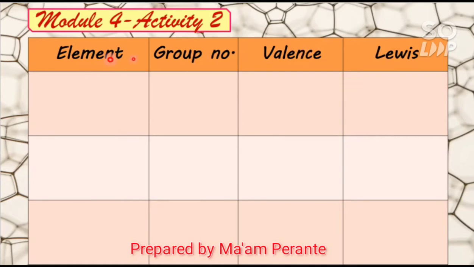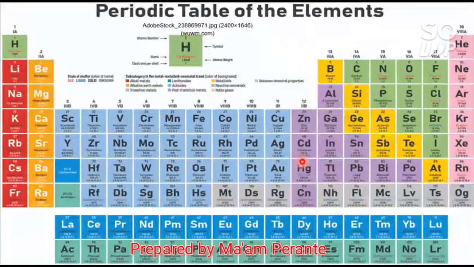These are the things that you are going to supply to answer this activity 2. So for example, I have here fluorine as an element. What do you think is the group number of fluorine, its valence, and its Lewis symbol? What are you going to do to answer this? Of course, your periodic table will help you to answer that.